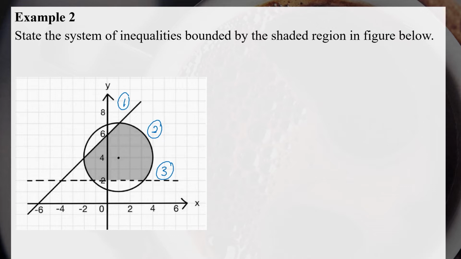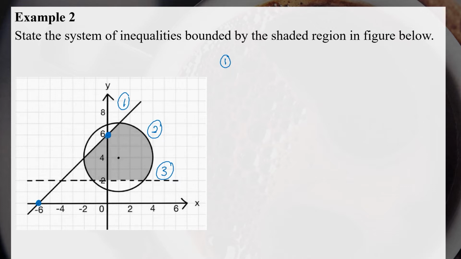So let's look at the first inequality. How are we going to find the equation and then the inequality? You can see for this linear equation, we have 2 points. One is here, the first point. Another point we can take, let's say this point.